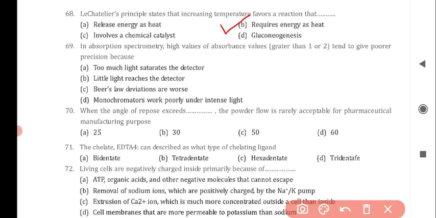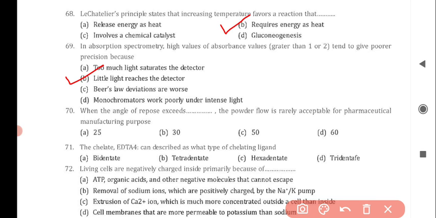Next question is: in absorption spectrometry, high values of absorbance values greater than 1 or 2 tend to give poorer precision because, and the correct answer is option B, that is little light reaches the detector.